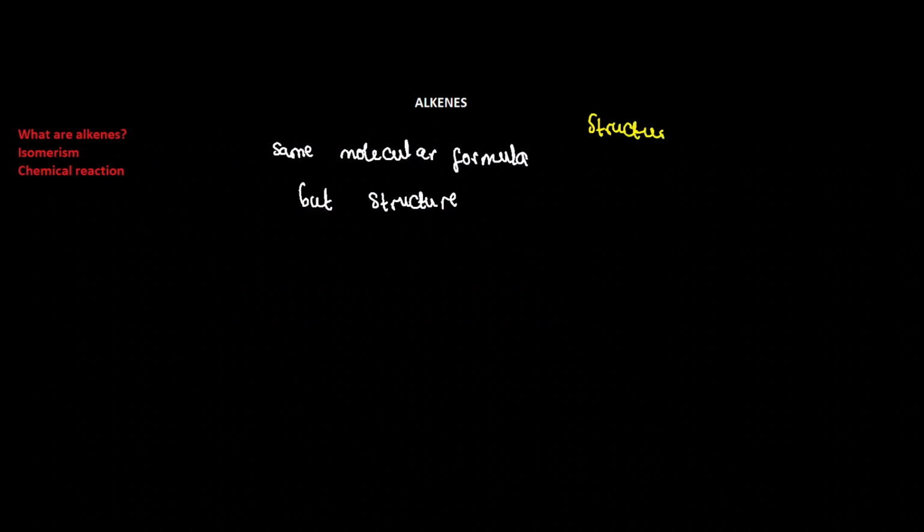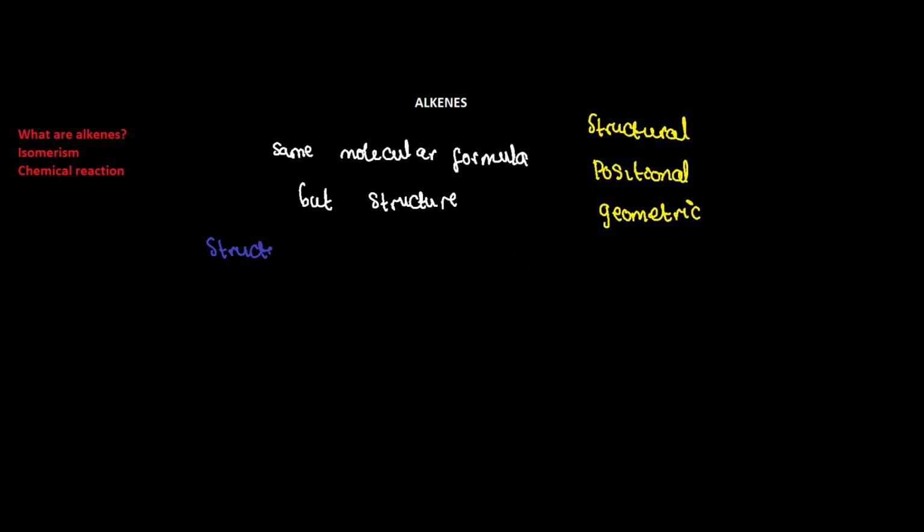That is structural isomerism, positional isomerism, and geometric isomerism. So we'll take a look at each of these forms of isomerism.